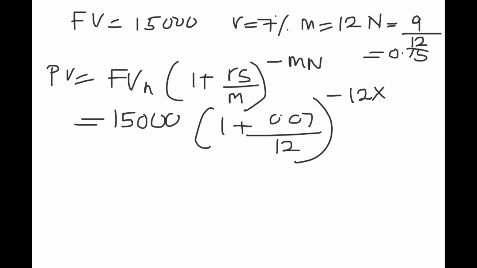So why are we dividing 9 by 12? Because N is always the number of years, right? So for the year, it is 0.75.